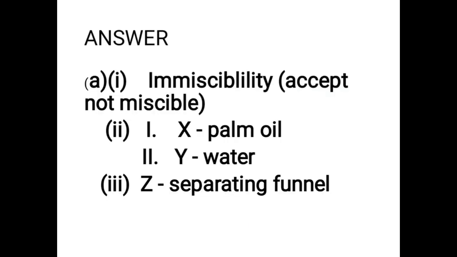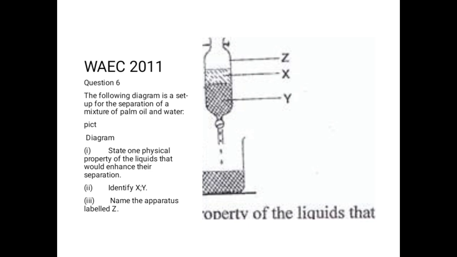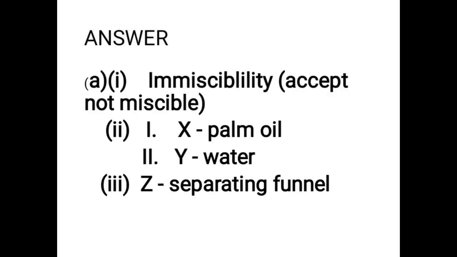Okay, let's look at the answer. The answer for number one is that the property is immiscibility. The physical property here is immiscibility, because the two substances X and Y do not mix, and that's why they are forming two distinct layers. So palm oil and water do not mix.